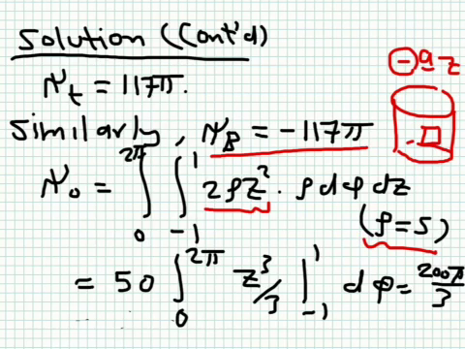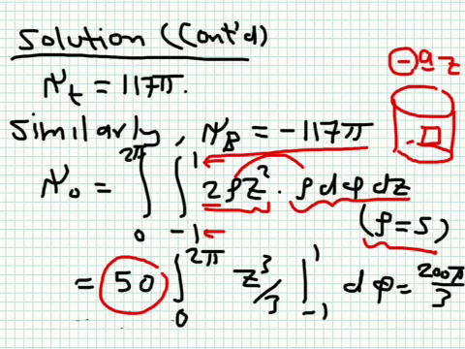You multiply it by rho d phi dz, and you integrate over z from minus 1 to 1, and you integrate phi from 0 up to 2 pi, and you replace every rho by 5, because this is done for the outer cylindrical surface. So this rho squared will give you 25. You multiply by 2, you get 50 here.